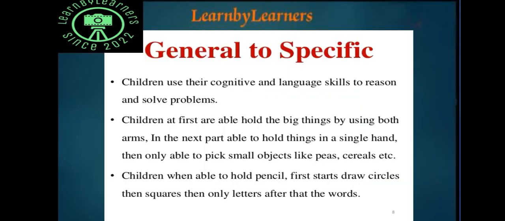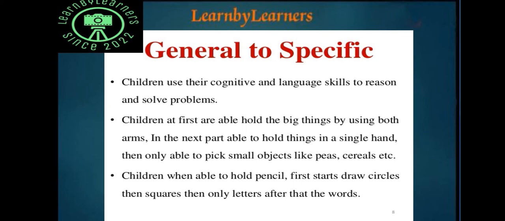All right. Now let's see the general to specific. The development starts from general to specific. It means the children use their cognitive and language skills to reason and solve problems.